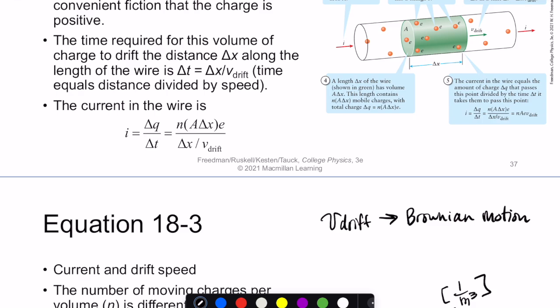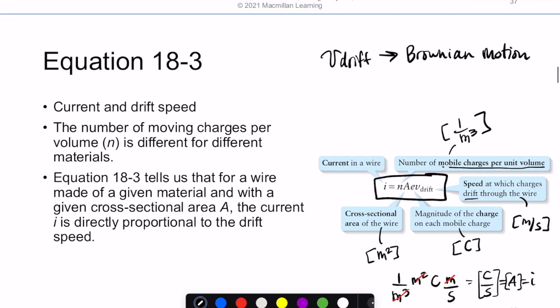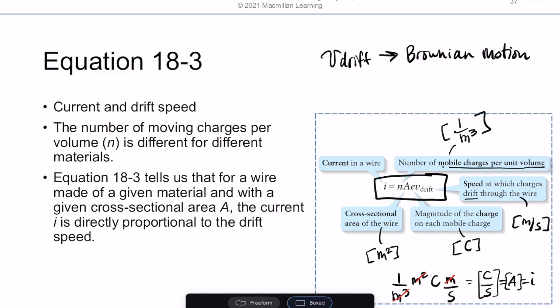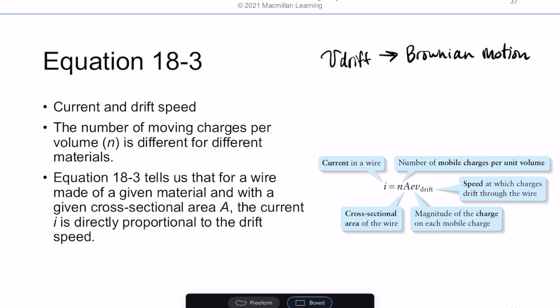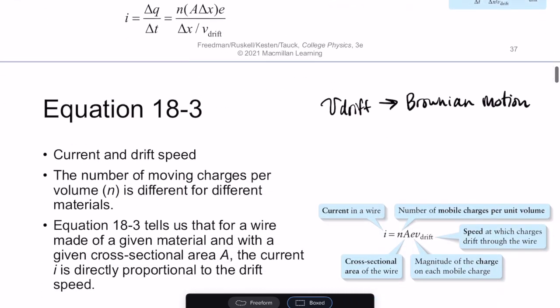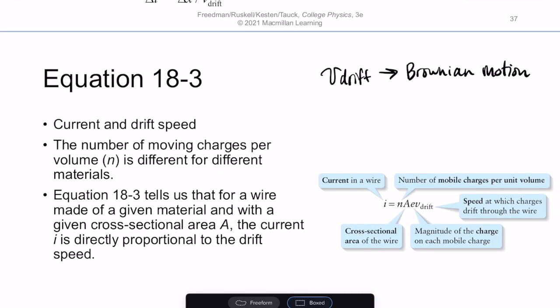And then what I'll do is a unit analysis to prove to you that this current is proportional to drift speed. Okay? Doing all this derivation gives us the following equation.